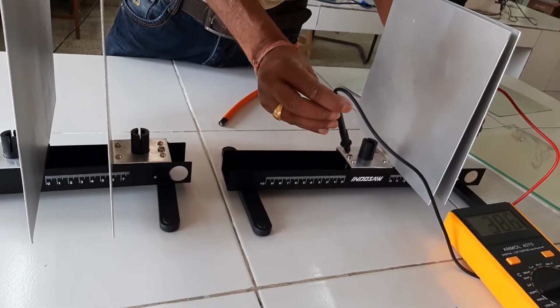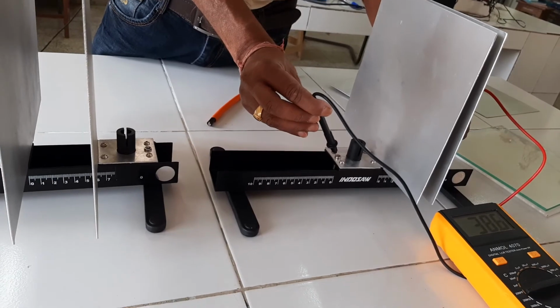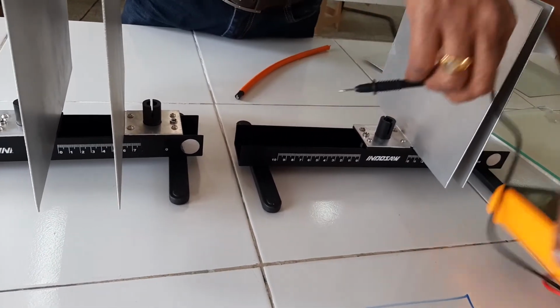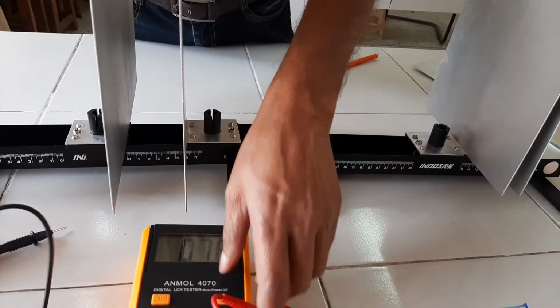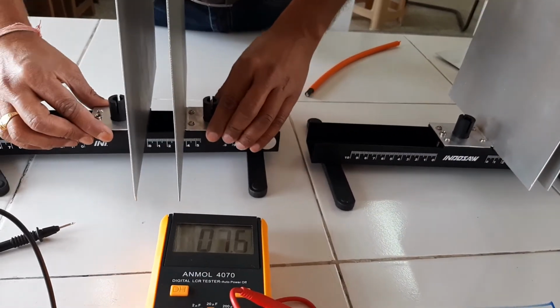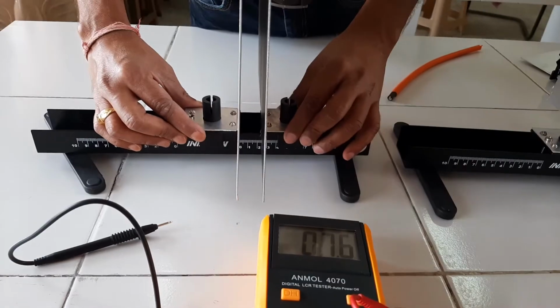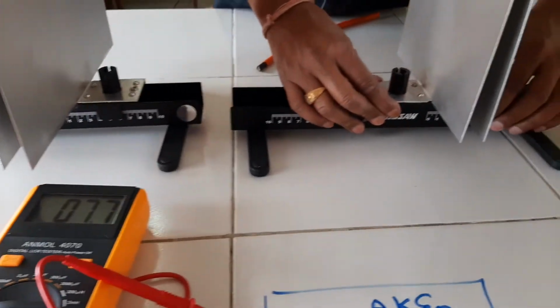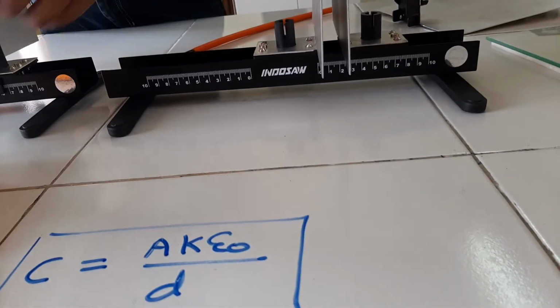In this situation, we observe that capacity is 30.7 or 8, when we put for the same distance. Its distance is about 2.4.